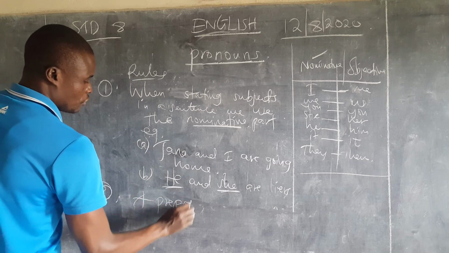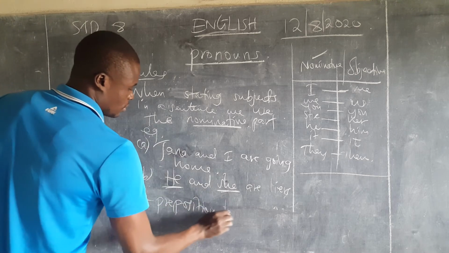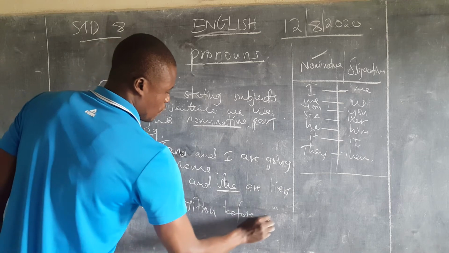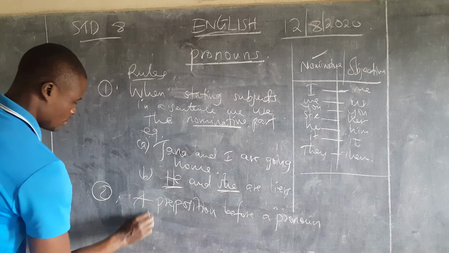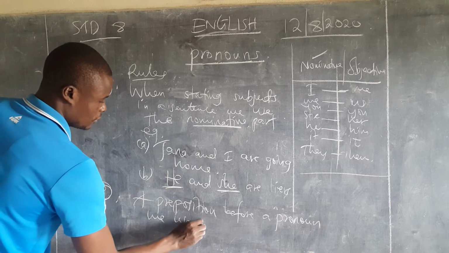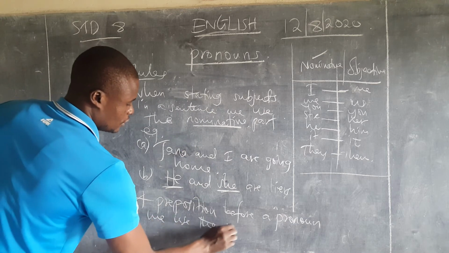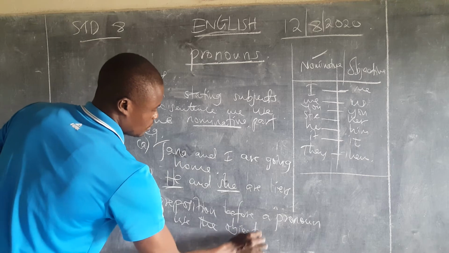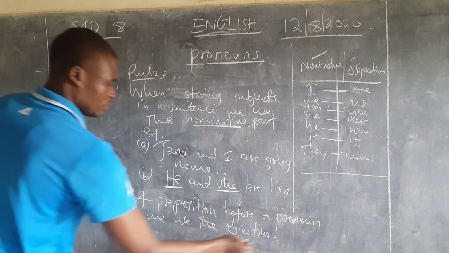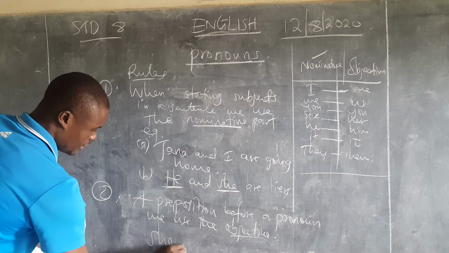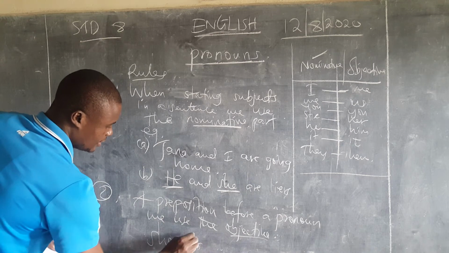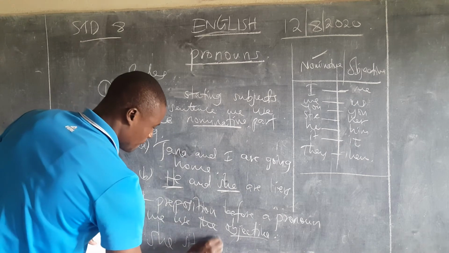a preposition before a pronoun, we use the objective. Example, she sits beside.